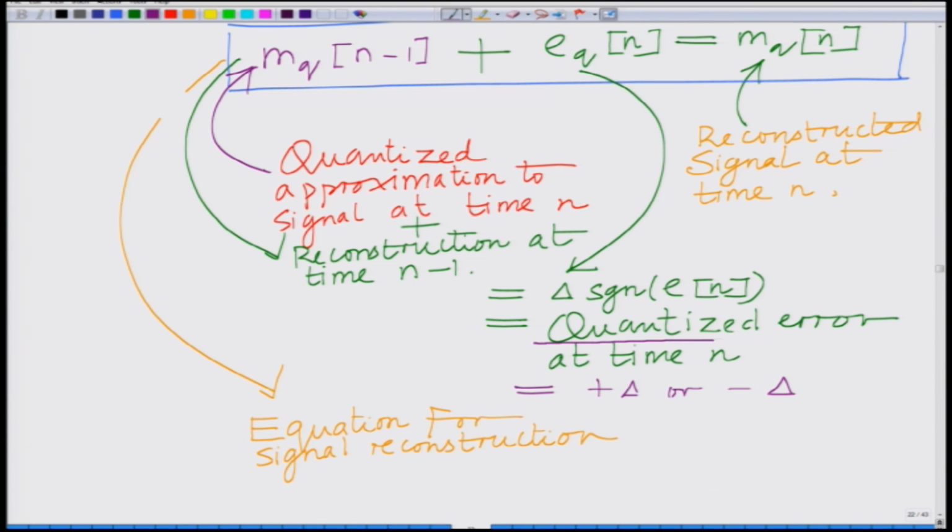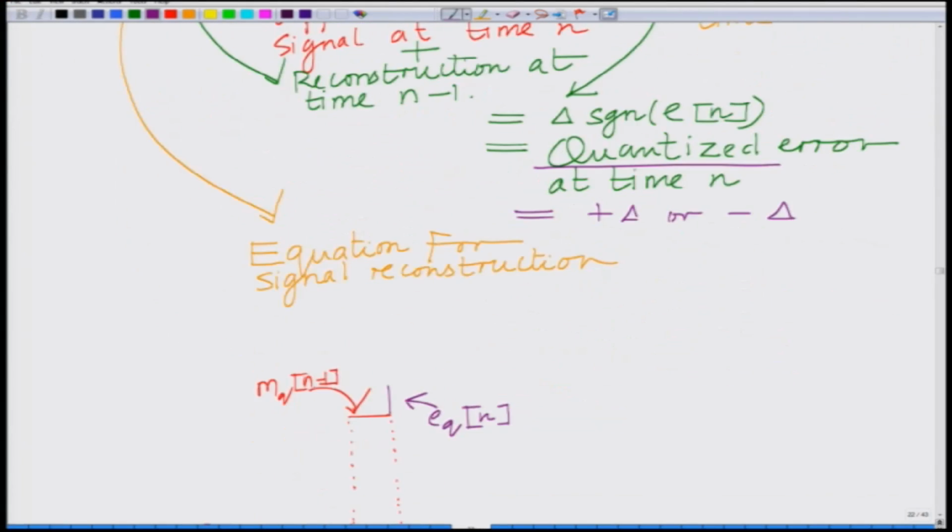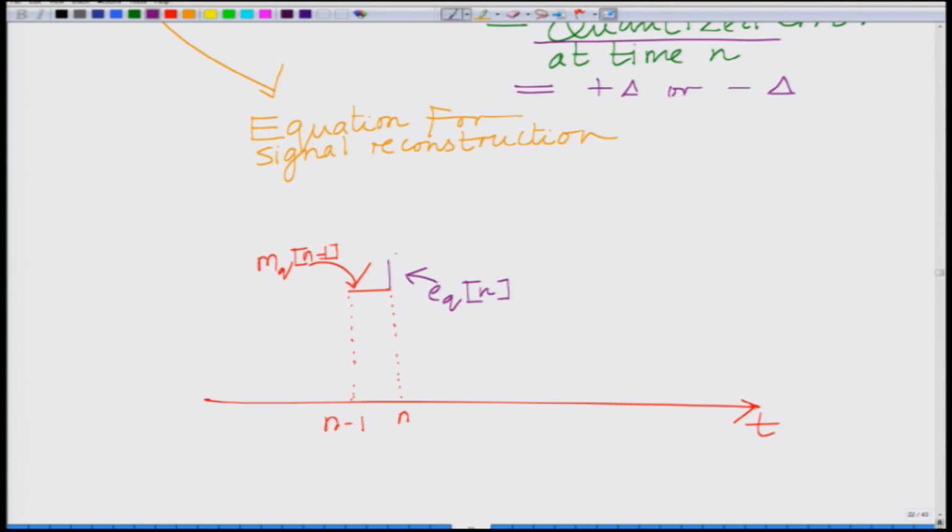Okay. This is the quantized error at time n, which is either plus delta or minus delta, and that finally gives you MQ[n], the quantized approximation of the signal at time instant n.